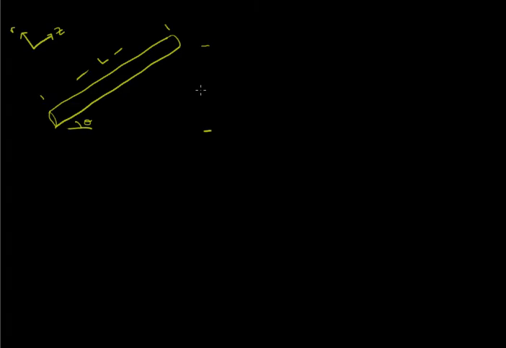So if we wanted the vertical distance, we would just do some trig and say that this is L sine theta. So that's our change in the vertical direction. And then we're going to have flow coming from the bottom and going up the pipe. So we'll have a pressure acting in this direction. So that's our P1. And then we'll have a pressure acting in this direction.